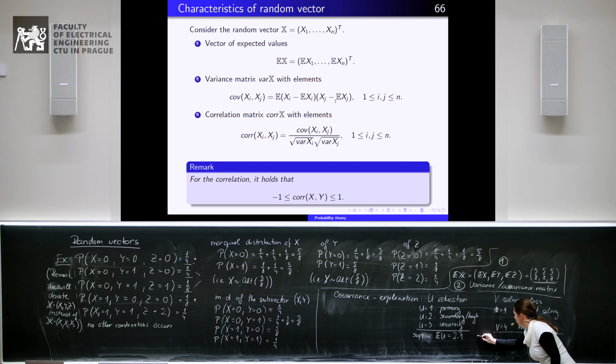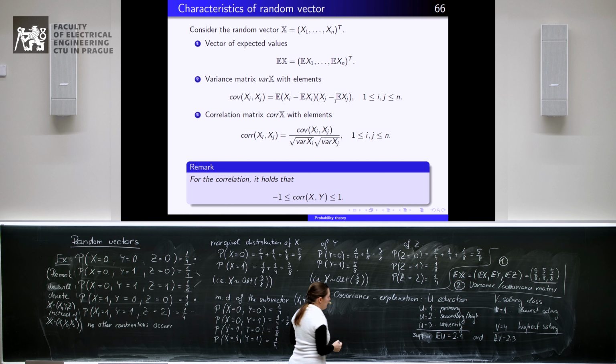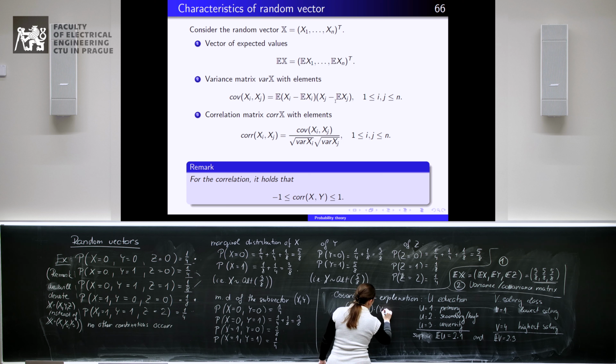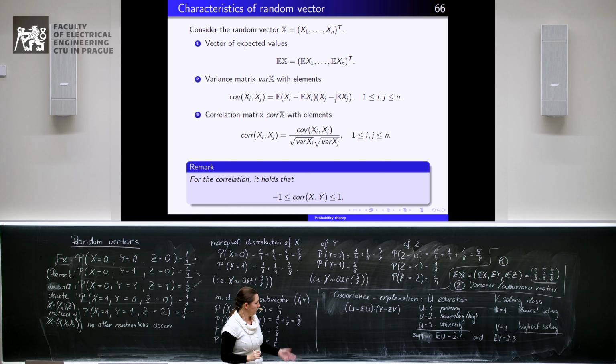And let's suppose that the expected value of V is equal to 2.3. Now, what happens in the situation that we consider the product U minus the expected value of U times V minus the expected value of V?